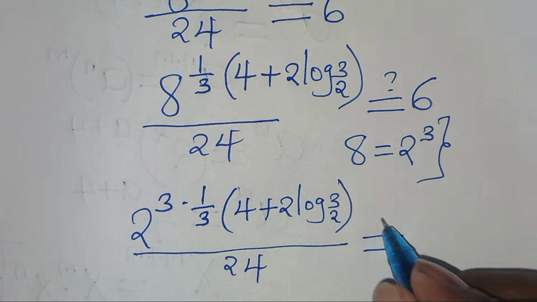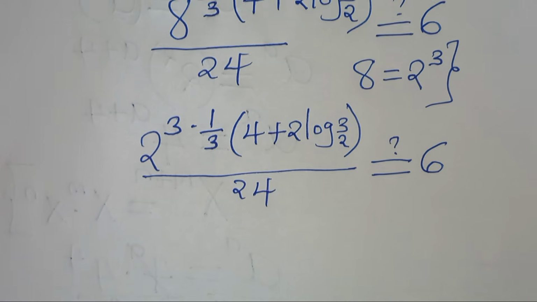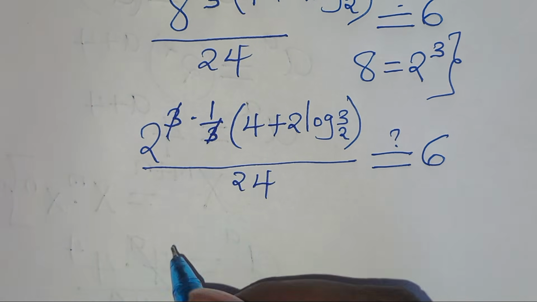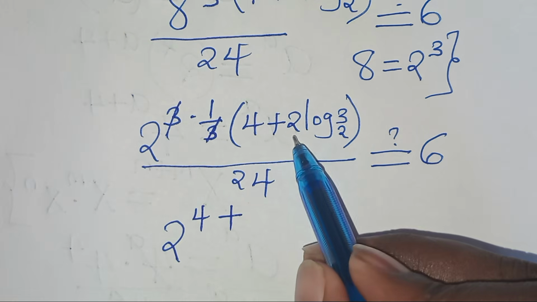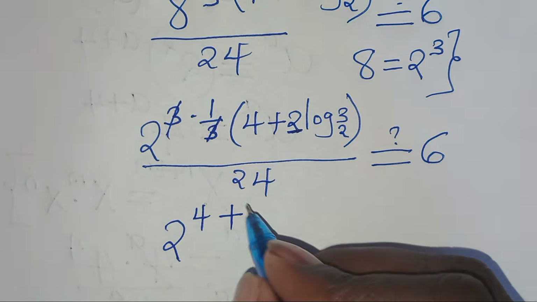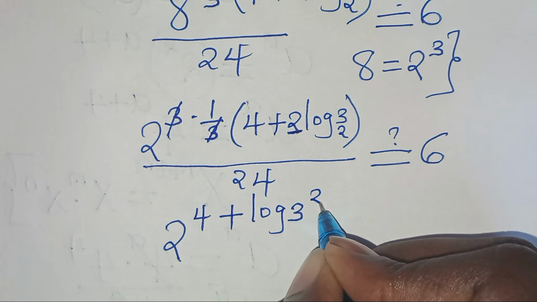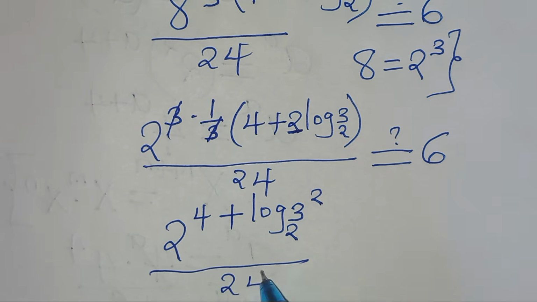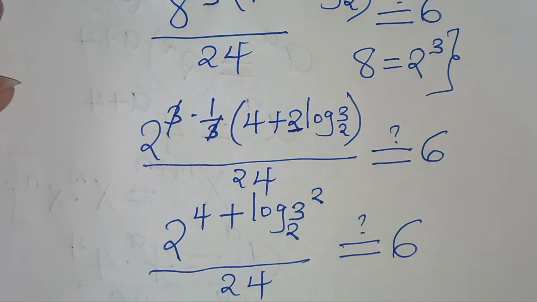This should give us a value of 6. So let's simplify 3 and 3 here so that we have 2 raised to the power of 4 plus, now 2 is a power here, so we can express this as log 3 to the power of 2 to base 2, then divided by 24. This should give us a value of 6.